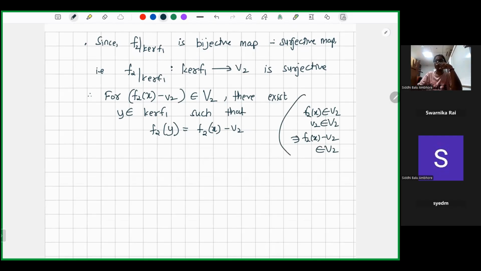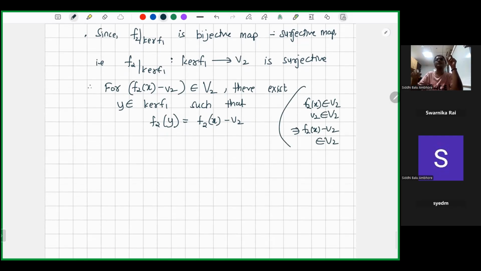This is some new element, and for this element in V2, there exists some y in kernel f1, because now I'm using surjectivity of this map, such that f2 of y is this. Now let my v be x minus y, where x was such that f1 of x is v1, and y is this.